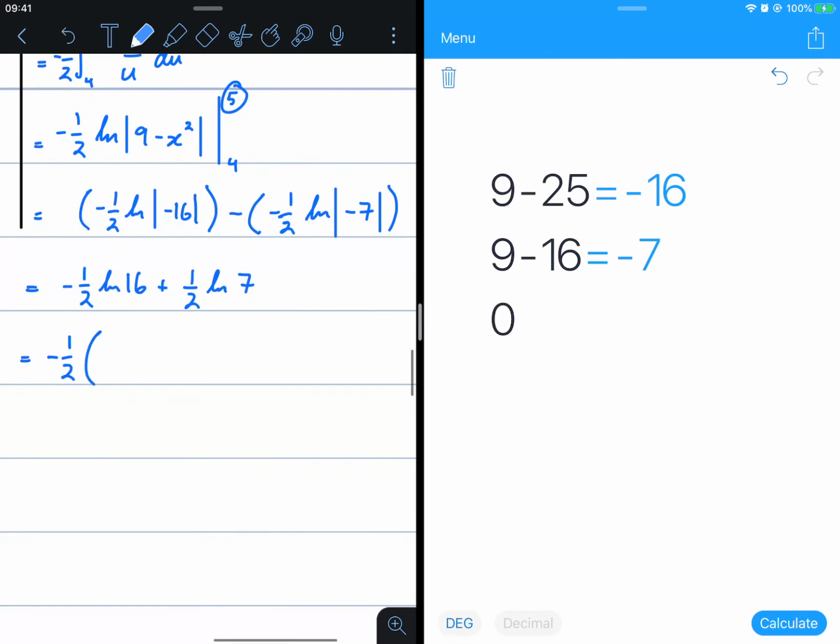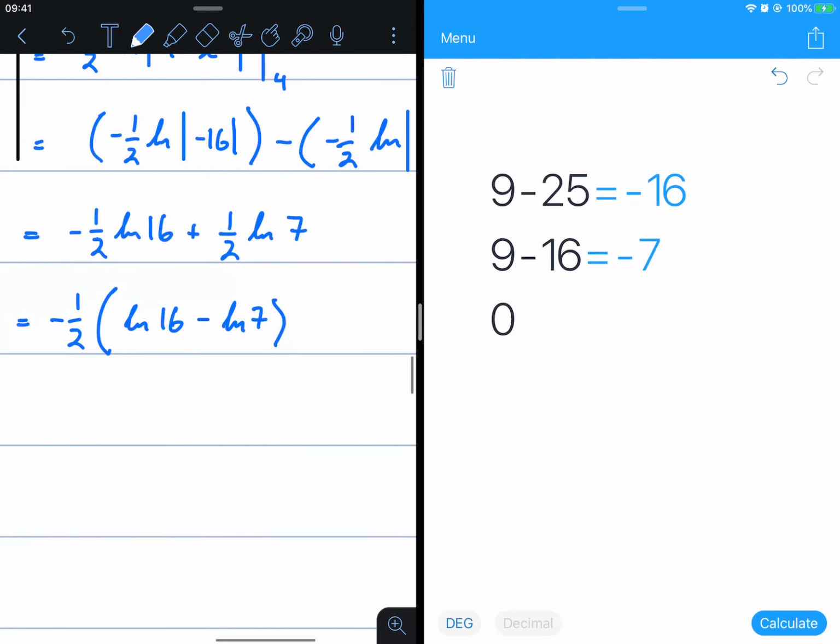Negative half of ln 16 minus ln of 7. Once again, using our log laws, subtracting by the same base of the logs, this becomes negative half ln 16 over 7, and this here is our exact value.